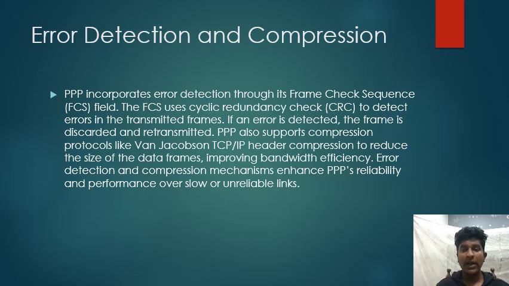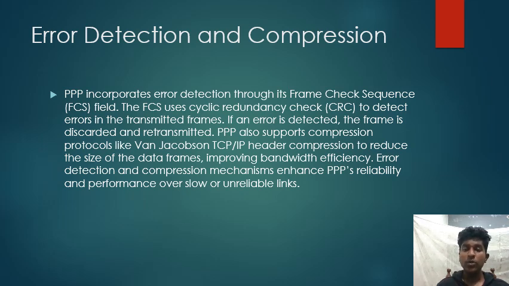Error detection and compression. PPP incorporates error detection through its frame check sequence, FCS, field. The FCS uses cyclic redundancy check, CRC, to detect errors in transmitted frames. If an error is detected, the frame is discarded and retransmitted.